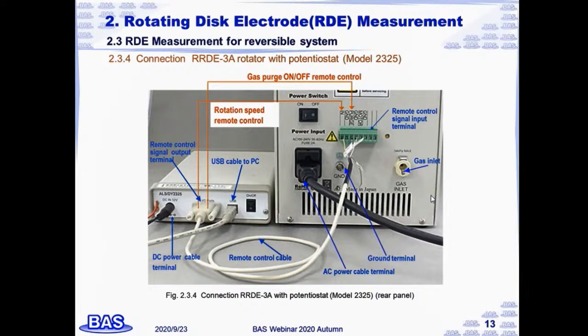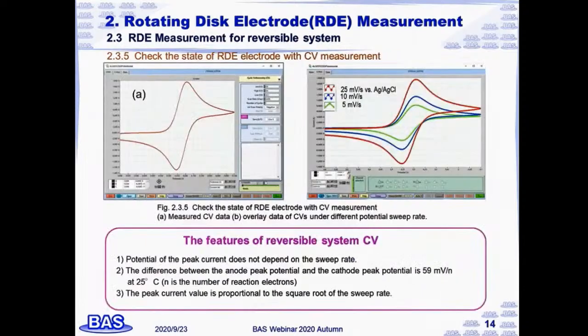After bulb preparation, make sure there are no gas or air bubbles in the reference electrode liquid junction and on the disc electrode surface. For successful RD measurement, the RD electrode should be in good condition. It is recommended to check the RD electrode with CV measurement at a slow potential sweep rate such as 2 to 5 mV per second.